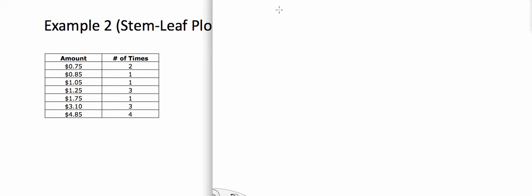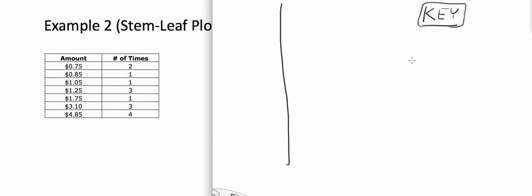So now what a stem leaf plot is going to look like is we're going to have a very big vertical line going straight down here. We're going to have information on this side and information over here. And then we're going to need to make sure that we label a key every single time so that we know what this stem leaf plot is trying to tell us.